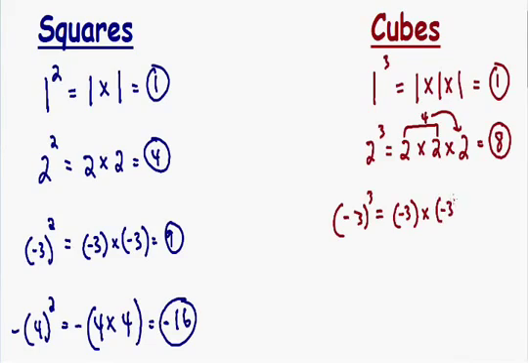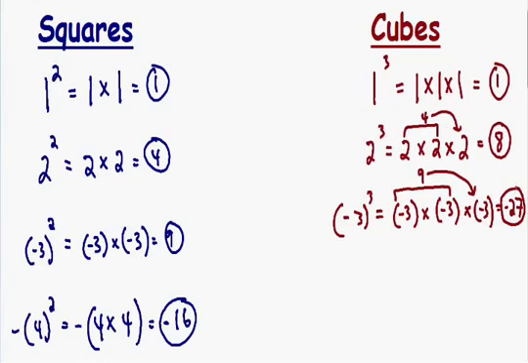Negative 3 times negative 3 times negative 3. A negative 3 times a negative 3 is going to give us a positive 9. And a positive 9 times a negative 3 is going to give us a negative 27. So negative 3 cubed is going to give us a negative 27 answer. I think that gives us a good idea on how you square a number or how you cube a number.